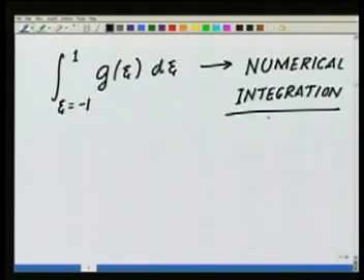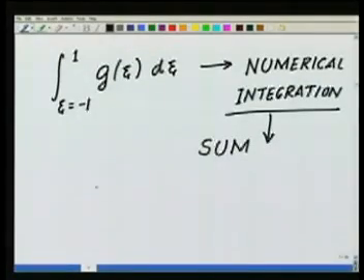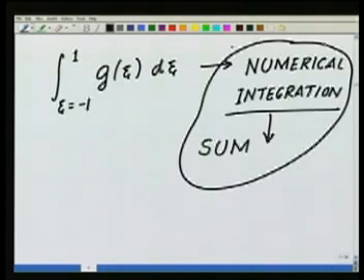Numerical integration means we will replace this integral by a sum. Sum where? Sum of the values of the integrand evaluated at certain points. So this is the topic of our next lecture, where we will talk of numerical integration and how to do it for the given integrands that we face in a finite element calculation.